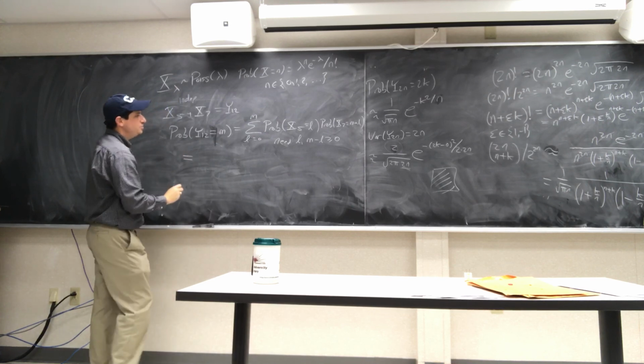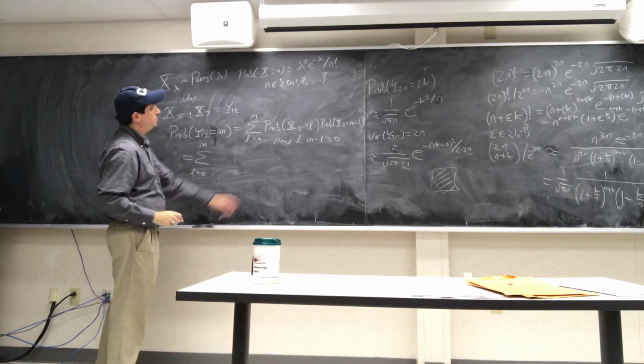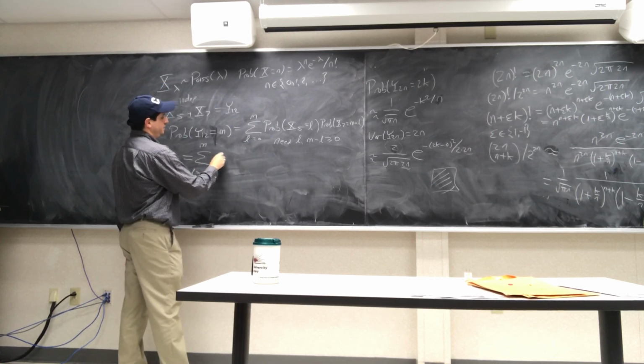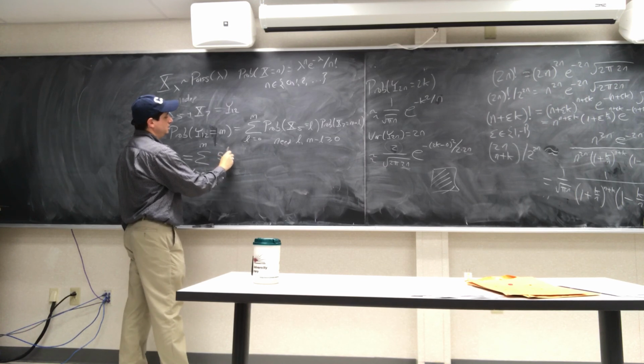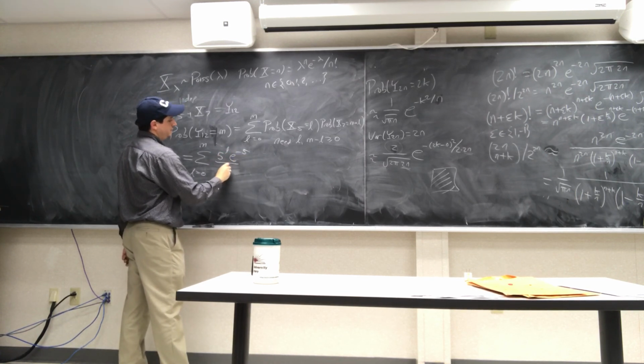All right, so now when we substitute in, we have a sum, L goes from 0 to m, of the probability x5 equals L. Well, that's just going to be 5 to the L, e to the minus 5 over L factorial.